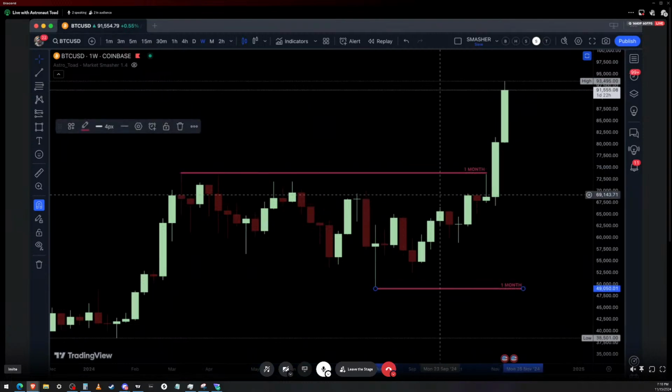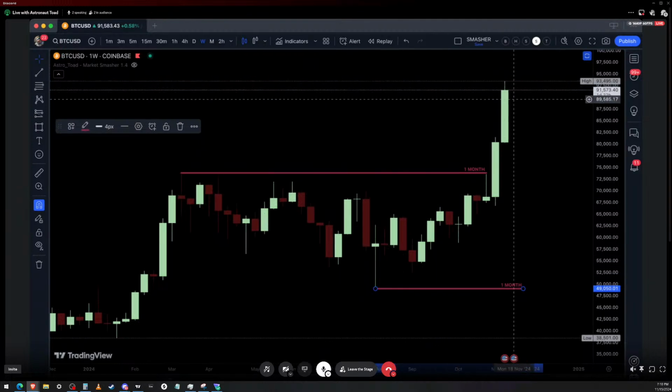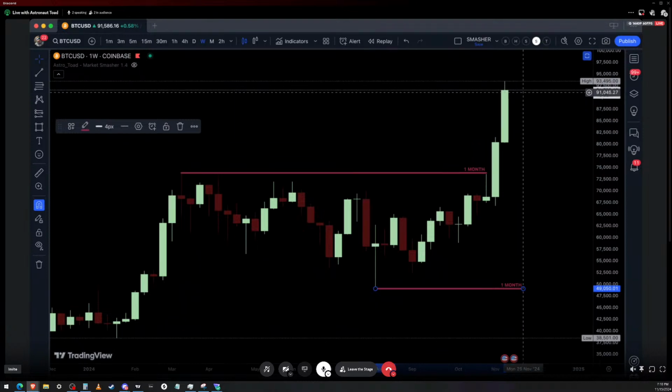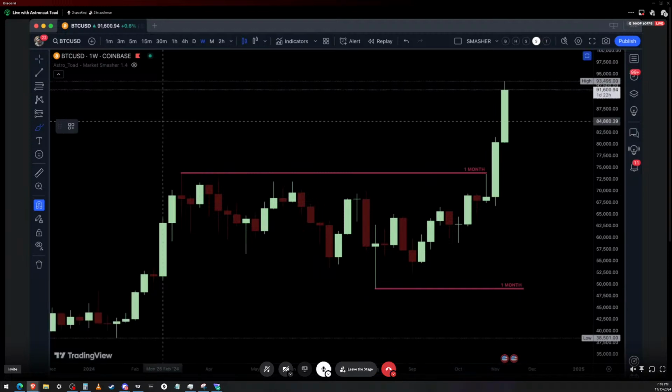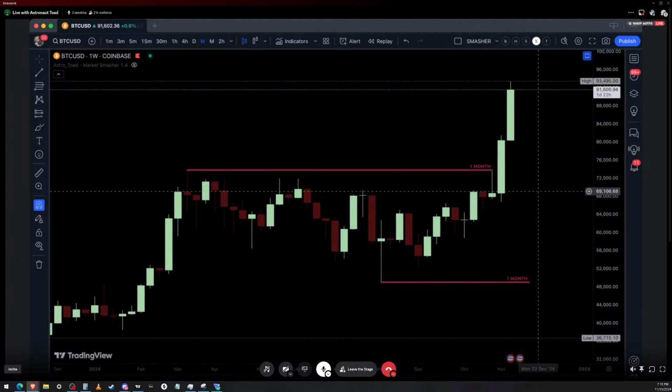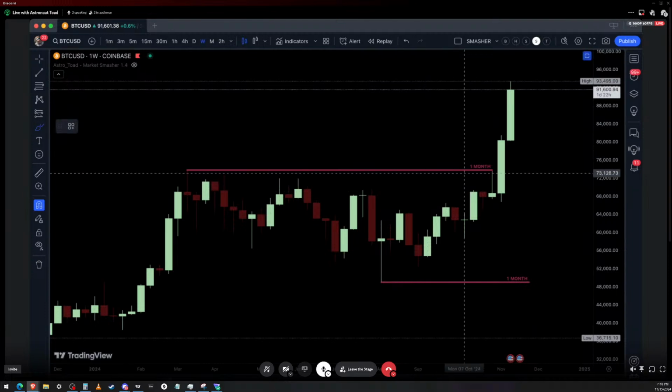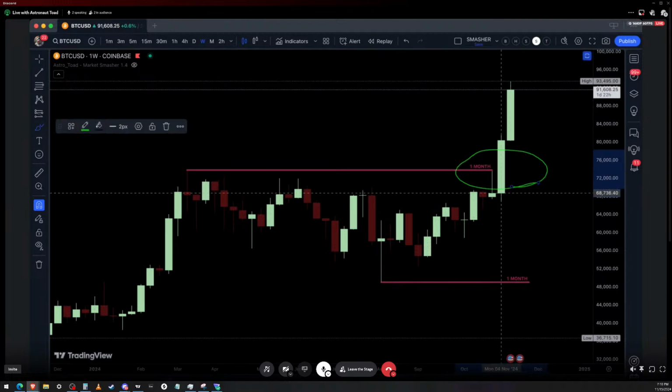On the weekly chart, you could do something in between here, but now that you're way up here, you got nothing to do because you don't know where price is going next, okay? The only important thing to note is that price smashed through this level and just absolutely ripped right through it.